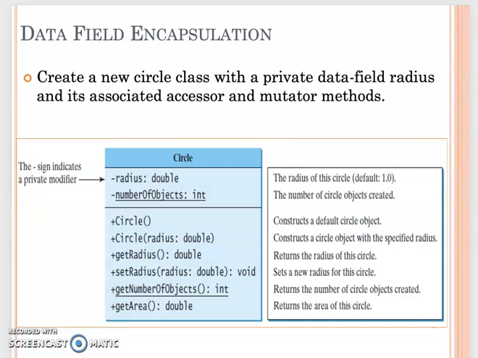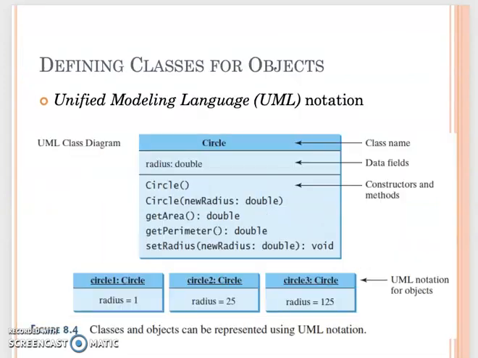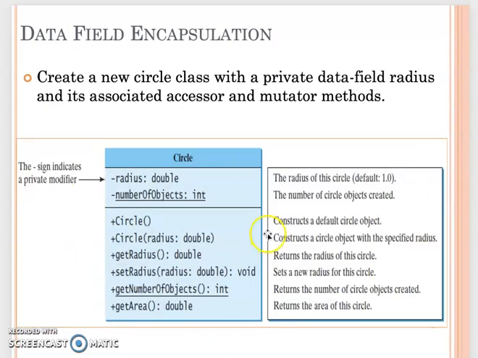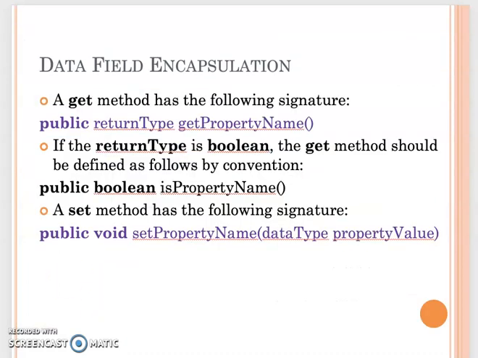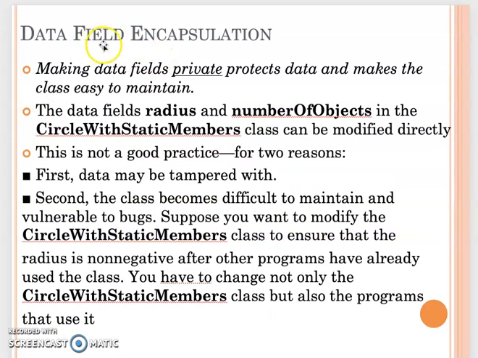Before, in the UML diagram, you may not have had public or private. But from now on, from your assignment 4, you will see that I have all the data fields or methods being either private or public. In this way, we have data field encapsulation.